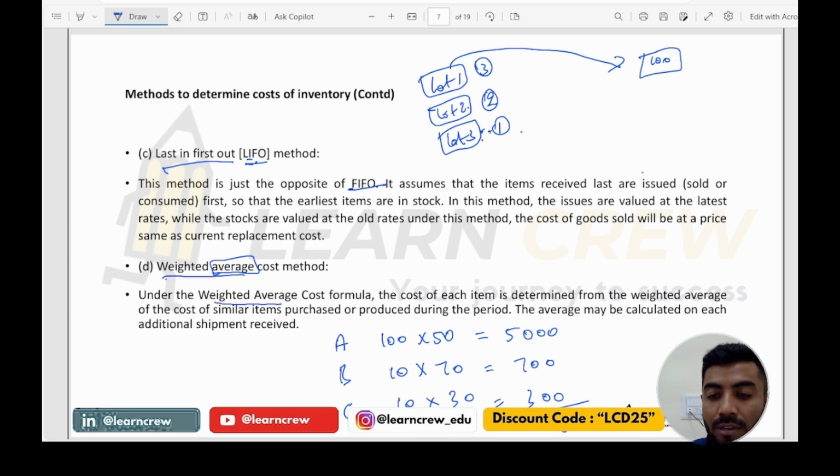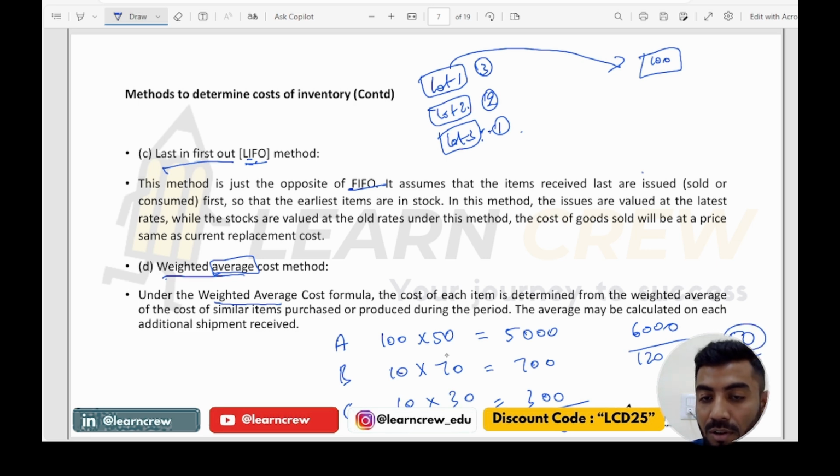We have the total value of 6,000, divided by the number of quantities we have. That is, we have 120 quantities: 100 plus 10 plus 10. So 6,000 divided by 120 gives 50. 50 will be the average price, the average cost.